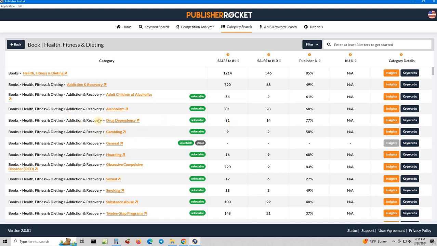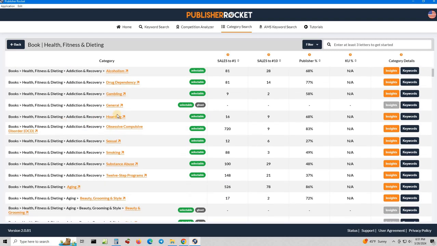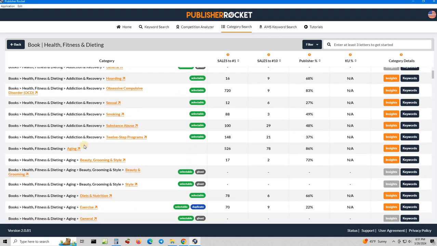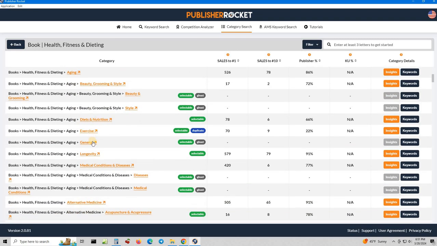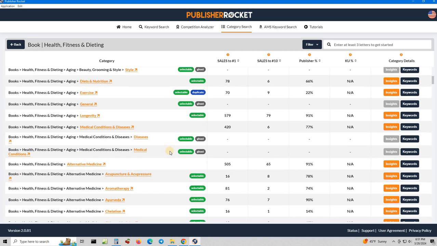Addiction and recovery, pretty mid-level competition. That's a good spot to go in for any psychologist who writes a book or doctor. Let's see here. Toxic home related. Maybe no. Maybe longevity. Live longer, eliminate the toxic chemicals in the house.